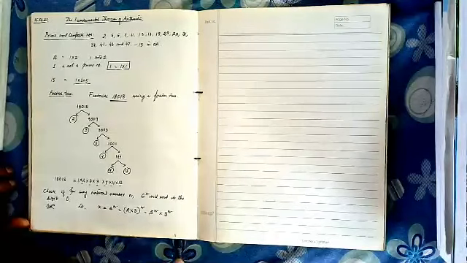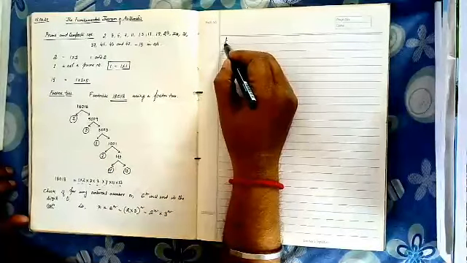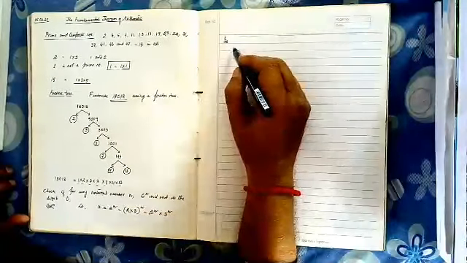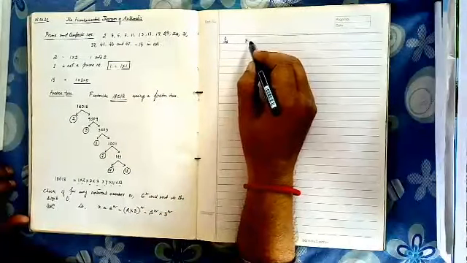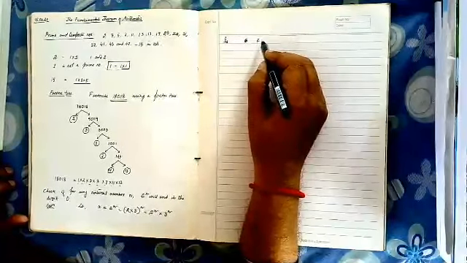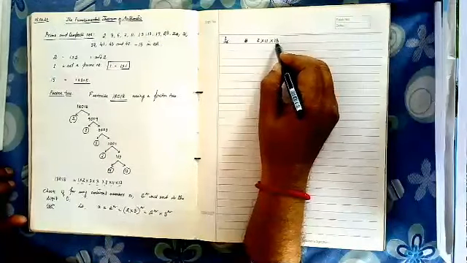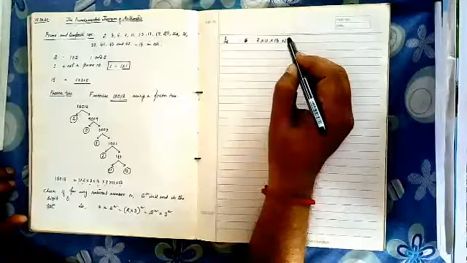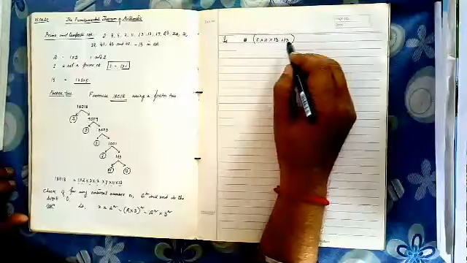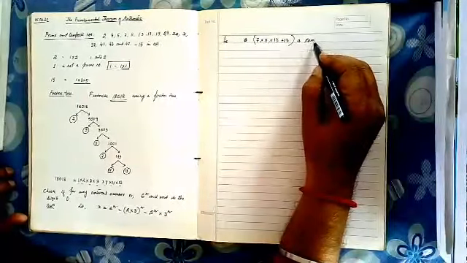Now suppose we have to verify another question. Is 7 into 11 into 13 plus 13 a composite number?